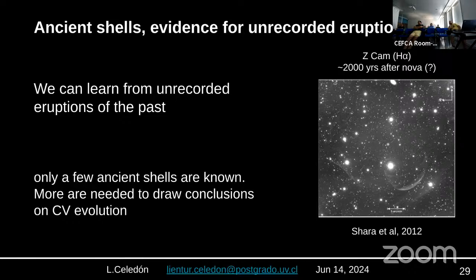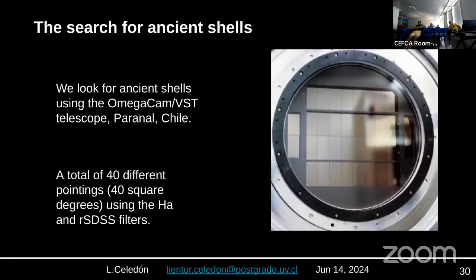So that idea can be tested if we have enough of these systems. However, only a few ancient shells are known. To draw any kind of conclusion about the evolution of the system, we need a greater sample. That is the other project. We were looking for ancient shells using the OmegaCAM instrument at the VST.